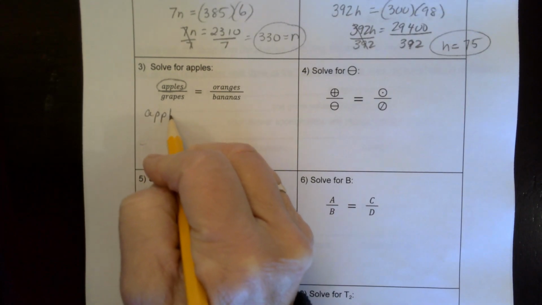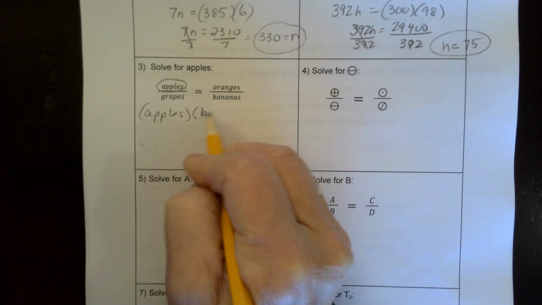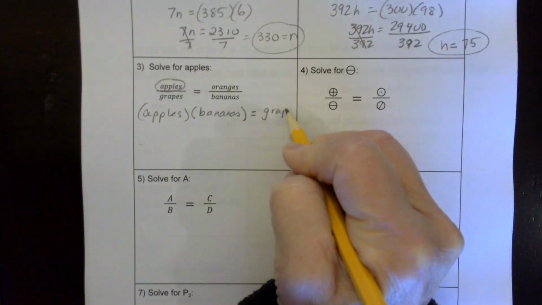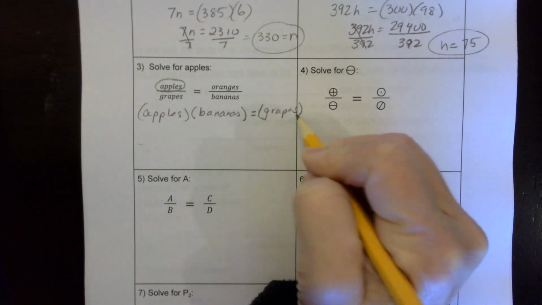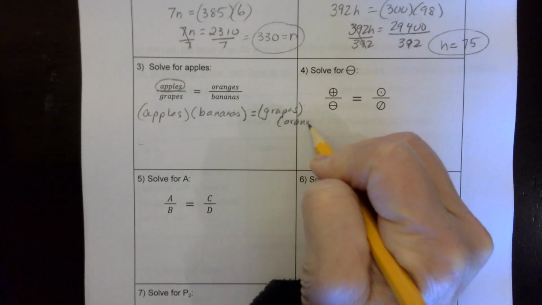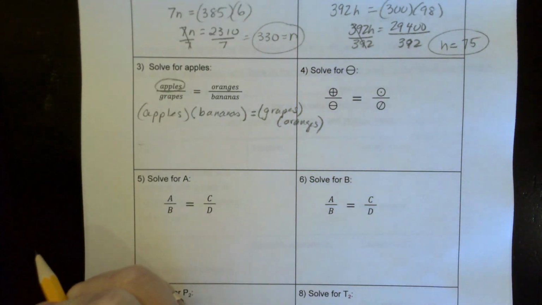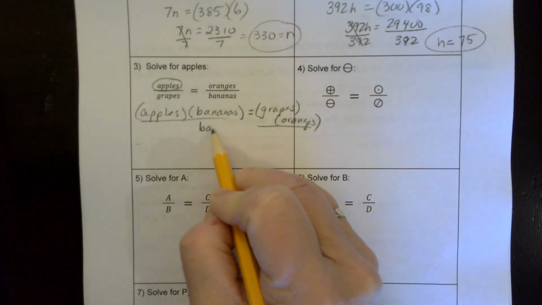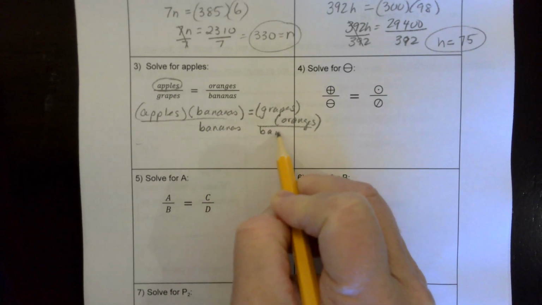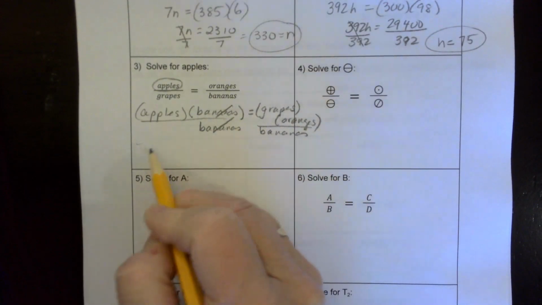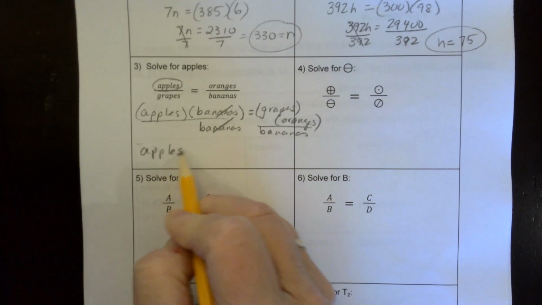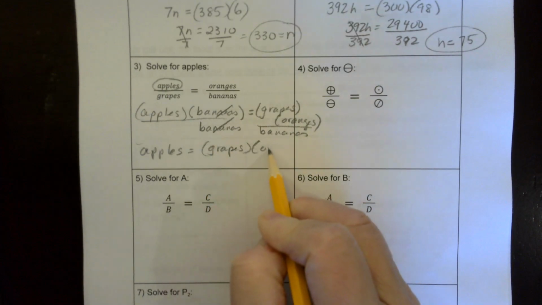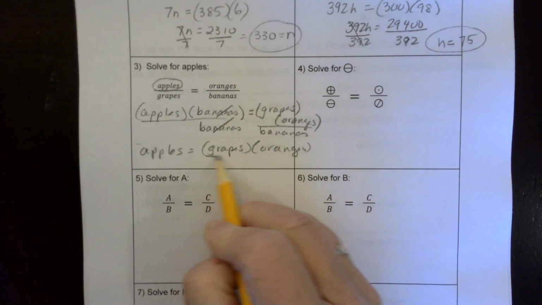This would just be apples times bananas equals grapes times oranges. And we want to get apples all by itself, so we have to divide both of these by bananas. Simplifying, we get apples are equal to grapes times oranges over bananas.